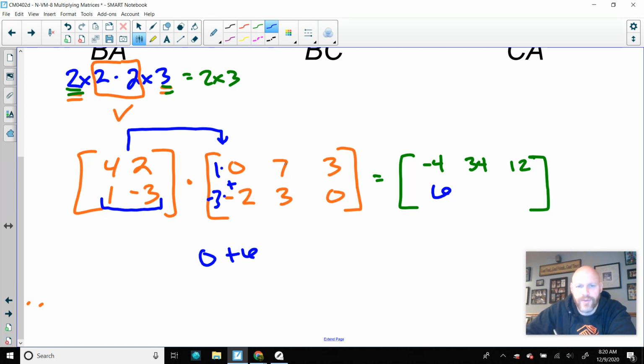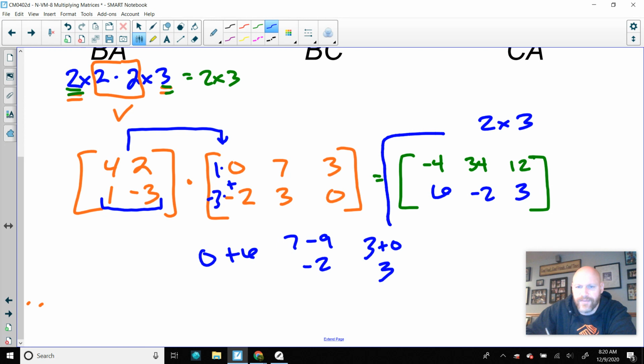We move it over. We do 1 times 7 and negative 3 times 3. We'll end up with 7 minus 9, which is a negative 2. And that was second row, second column. And then we'll do 1 times 3 and negative 3 times 0, which is 3 plus 0 gives us 3. And that was second row, third column. So I end up with this 2 by 3 matrix over here, and this is my answer.